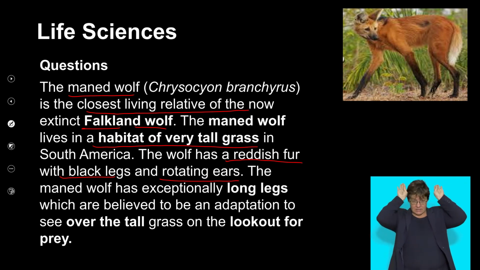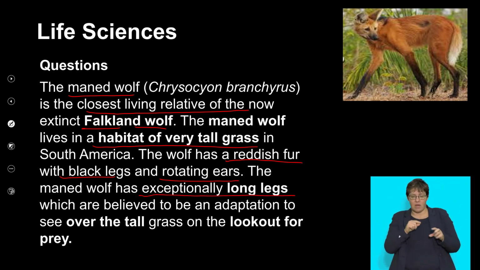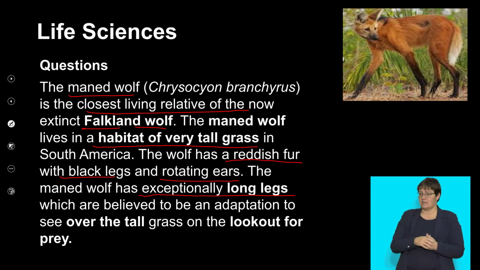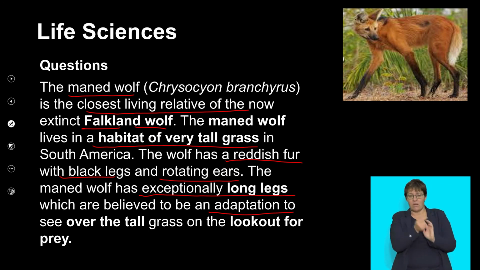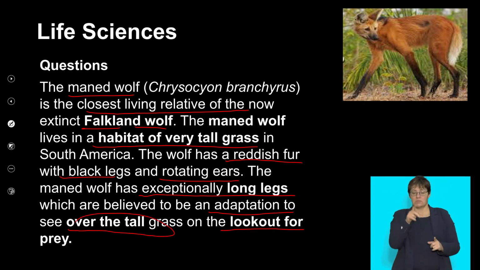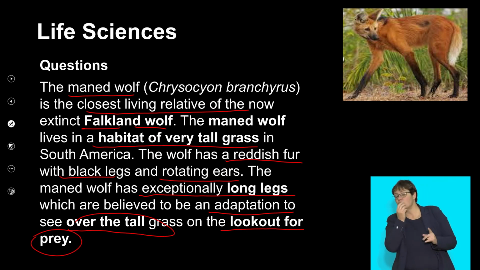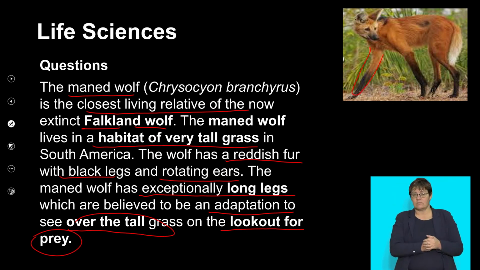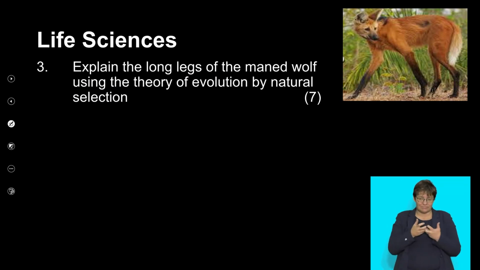The maned wolf has exceptionally long legs, as you see in the image on the top right-hand side, believed to be an adaptation for looking over the tall grass and looking out for its potential prey. So these adaptations are significant for its habitat, and they are unique to its habitat.